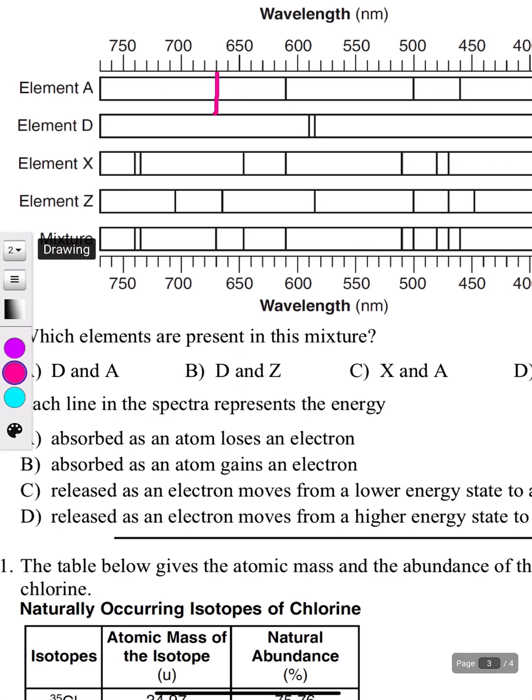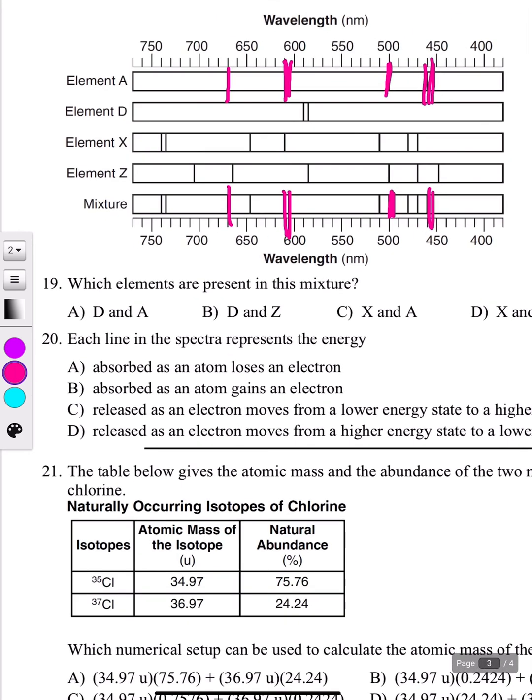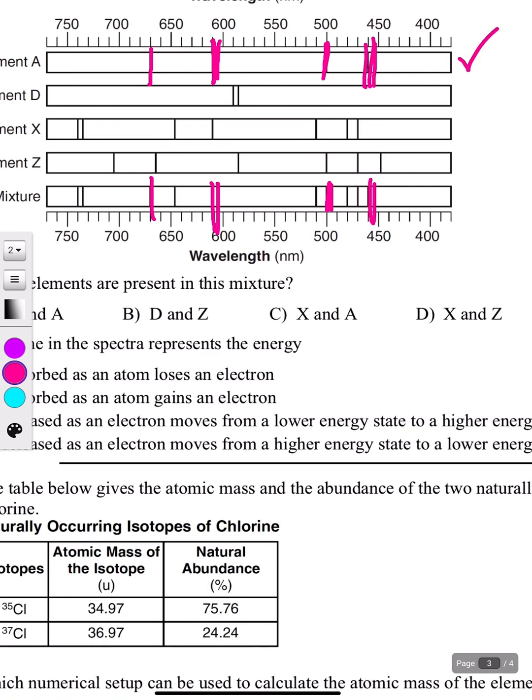We see this line is here. So that's the first line. The second line is also present here. Third line, present in the mixture. Fourth line, also present in the mixture. So I can say that element A is in that mixture.